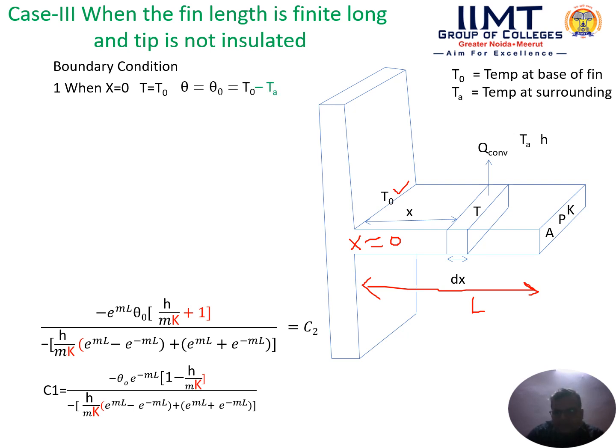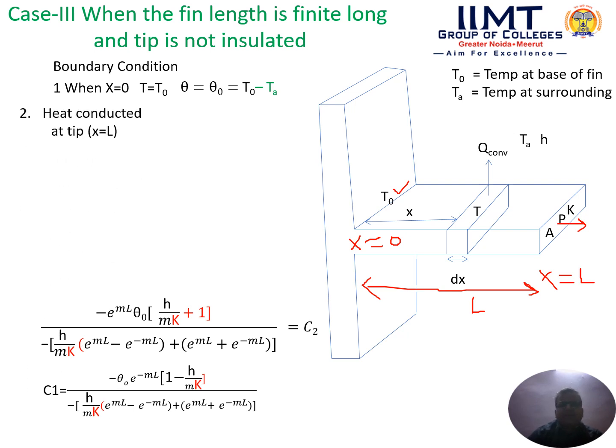But at x is equal to L, where we are? We are at the tip, and the tip is not insulated. That means there will be heat transfer from the tip surface to the surrounding by convection. That is why we can say at the tip the rate of heat conduction is equal to the rate of heat convection.